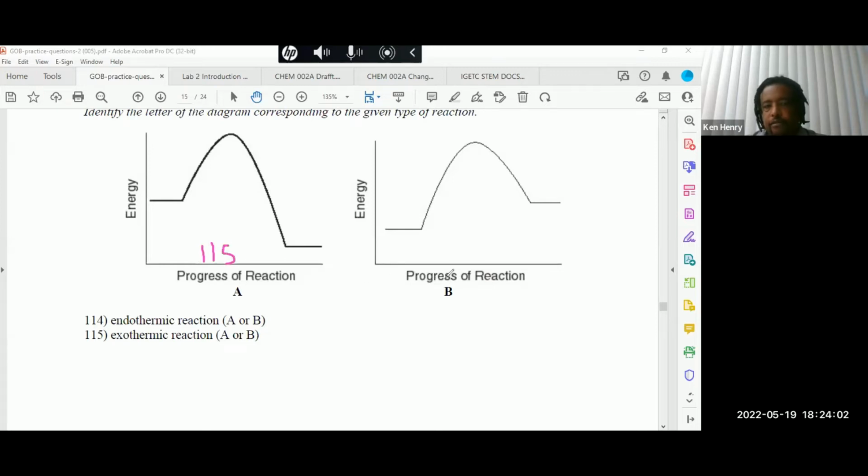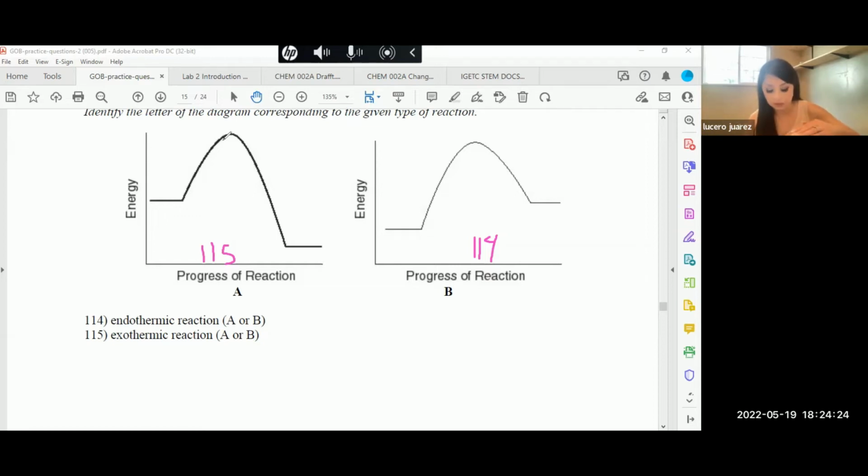By default, the second image, where we're going from a lower energy to a higher energy, basically means that we have to add to it. So that would be endothermic, right? Okay, got it. So the energy at the end of the reaction is higher.